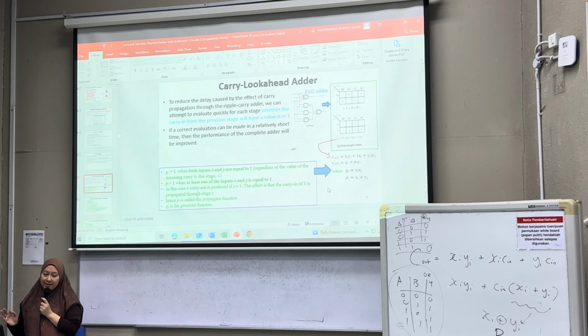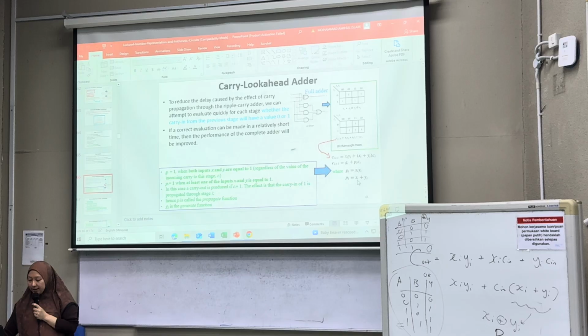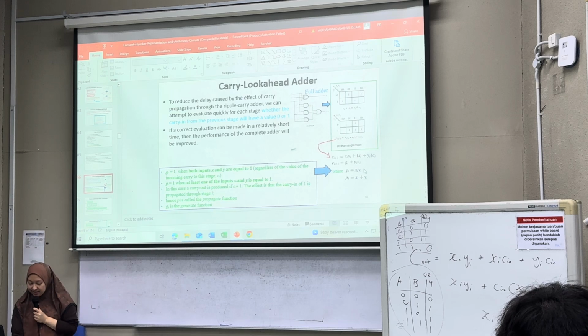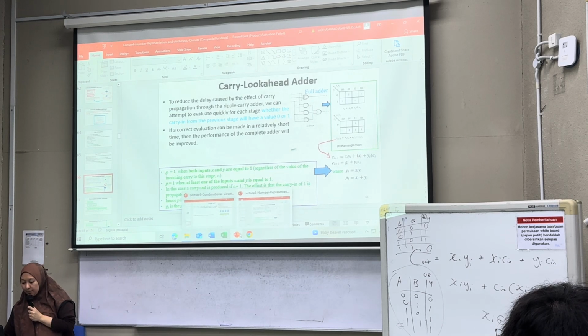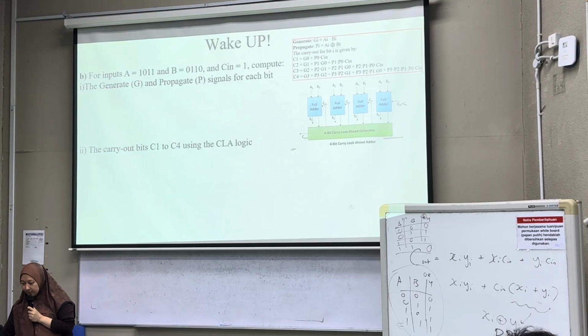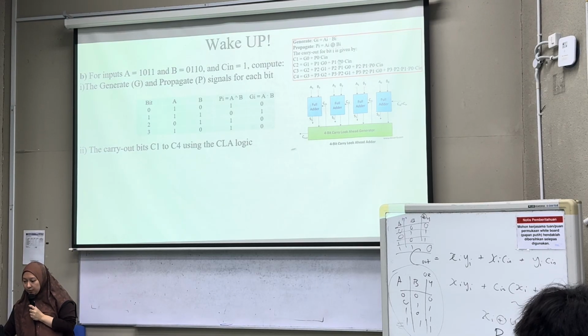So G is always like that. And for P, you can either use the XOR or the OR function. Going back here, in the question it gives you the XOR function, so you use that. So you have defined your propagate and your generate symbol.